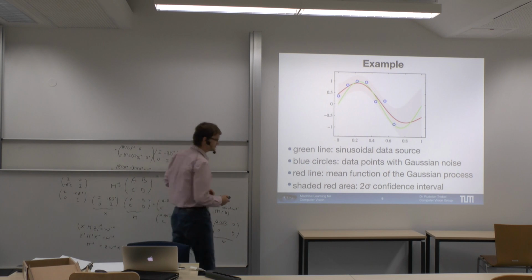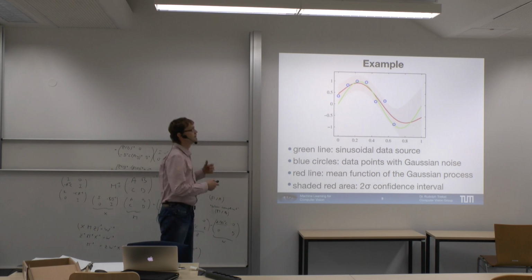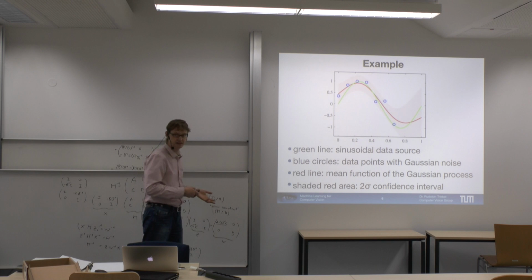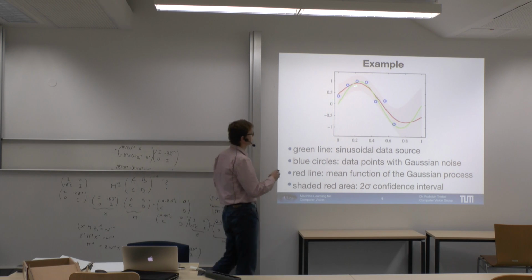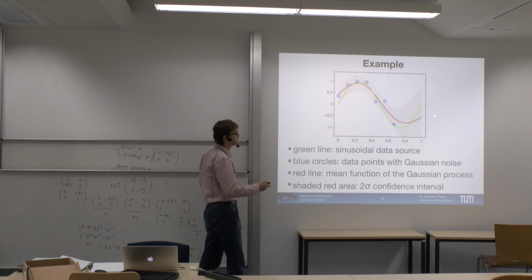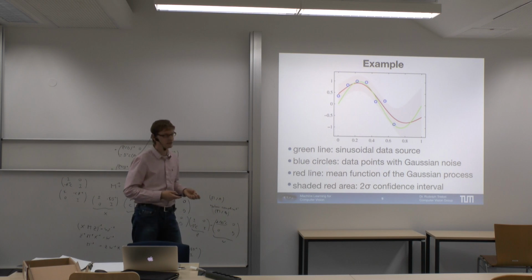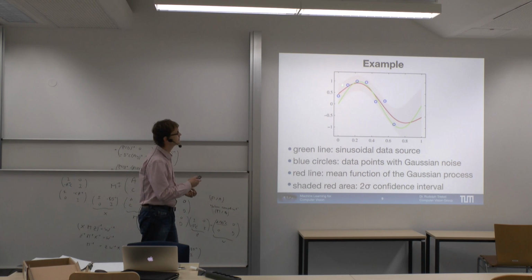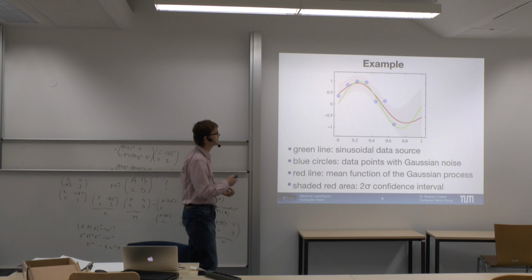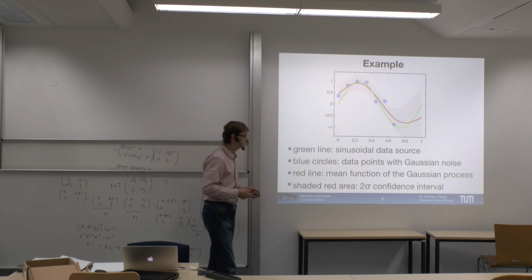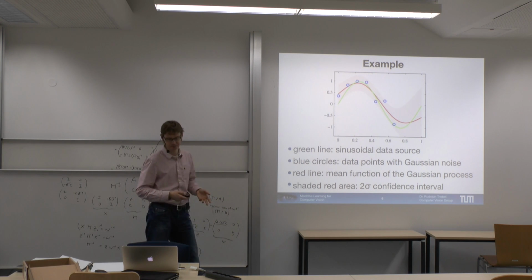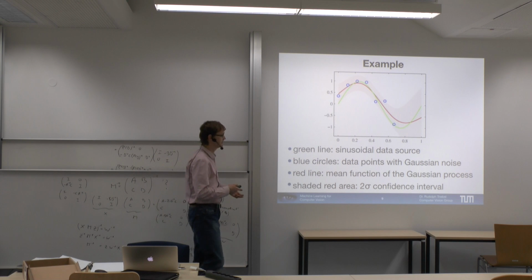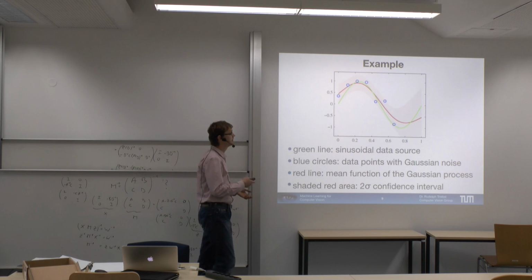Now you can try to find the Gaussian process that explains that data. What comes out in this case is this red curve, which is the mean function. And there's this light red area around the mean function, which is 2 sigma of the covariance matrix, so this is the 2 sigma covariance interval.